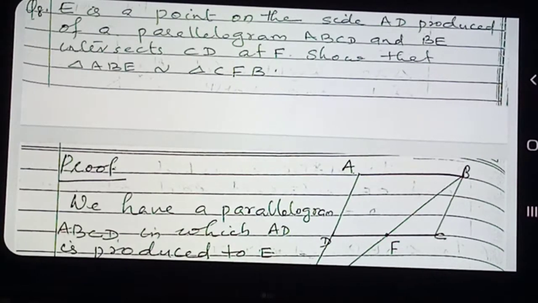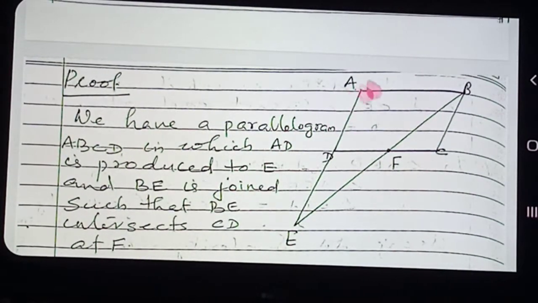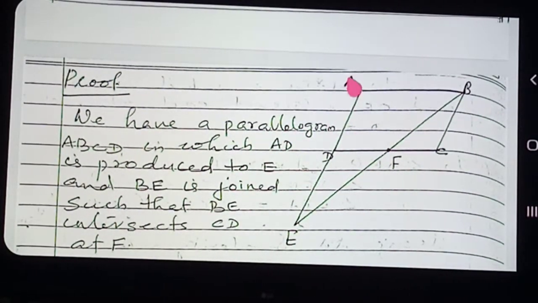Show that. So here, the diagram, listen. Here this ABCD is a parallelogram. AD is extending, AD produced, that is already given in the question. AD is produced to E. And BE is joined. While BE is joining, BE intersects CD at which point?